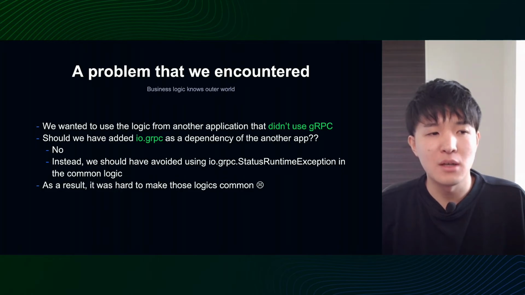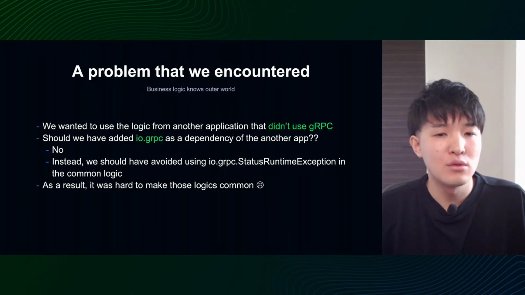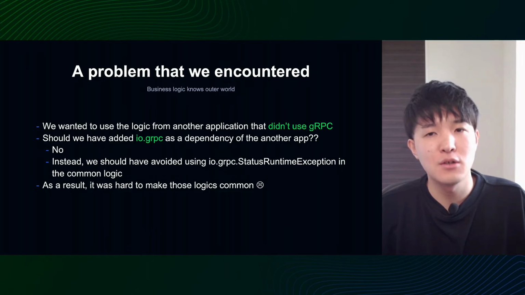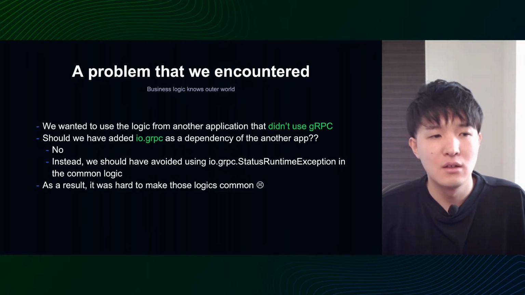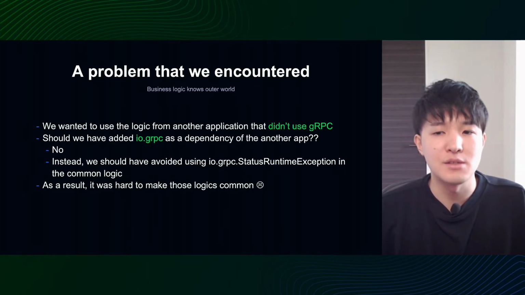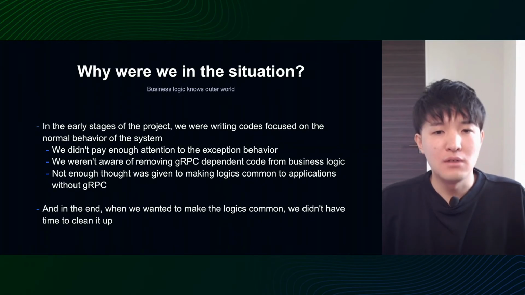Well, no. For status runtime exception, we shouldn't add io.grpc as a dependency. Instead, we should have made sure that we did not use status runtime exception. As a result, we had difficulty making the logic common.